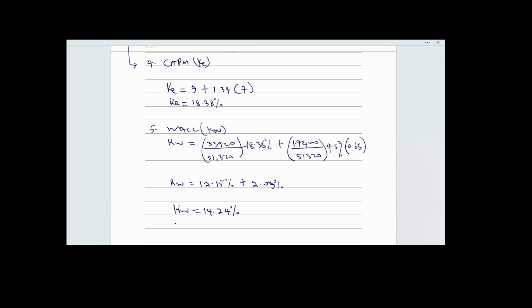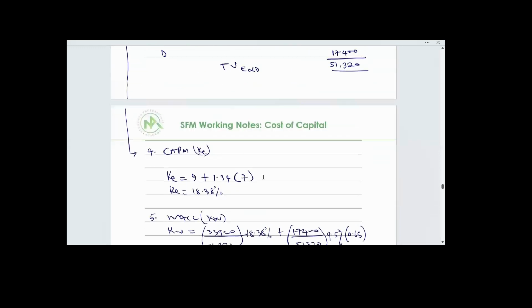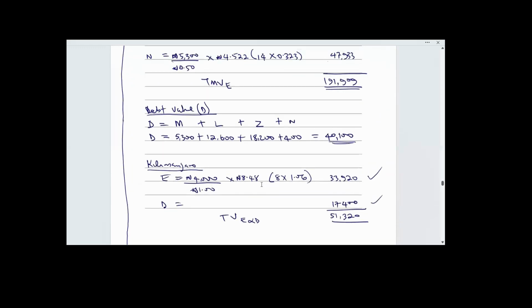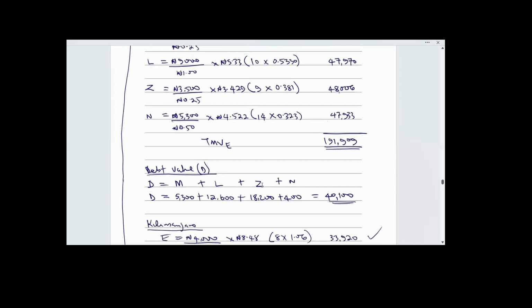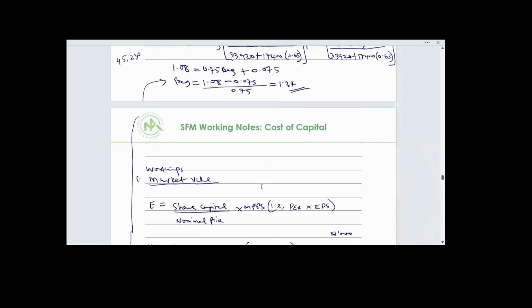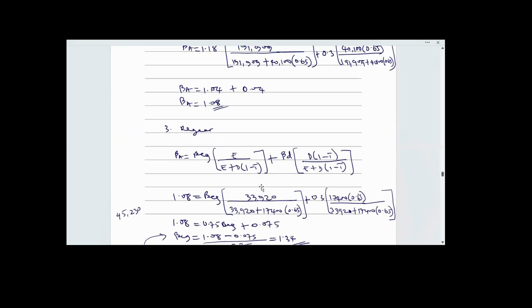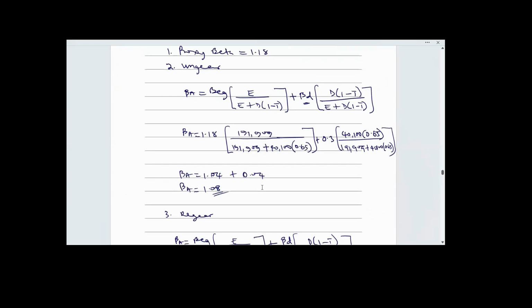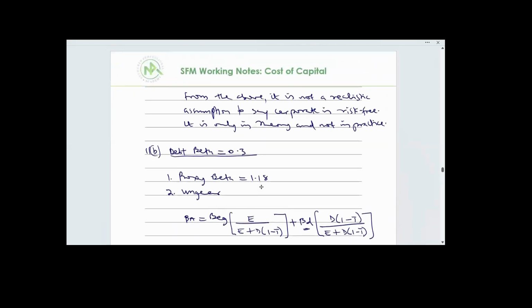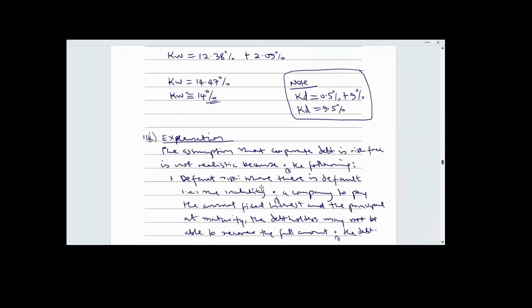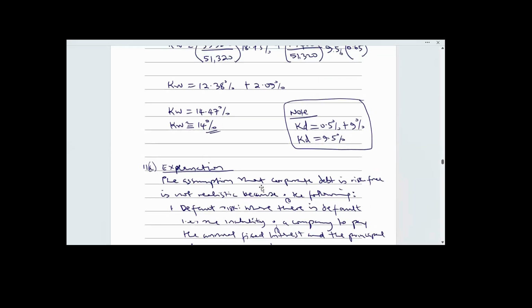14.24%. So when you look at the difference between the cost of capital we calculated where there was no debt beta, in that one I think we got 14.47.